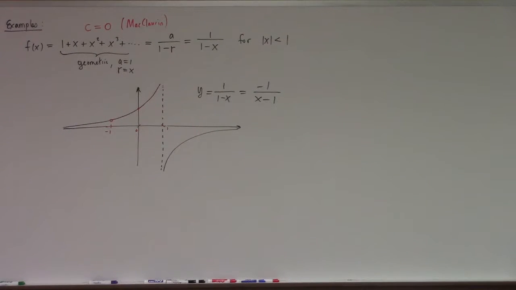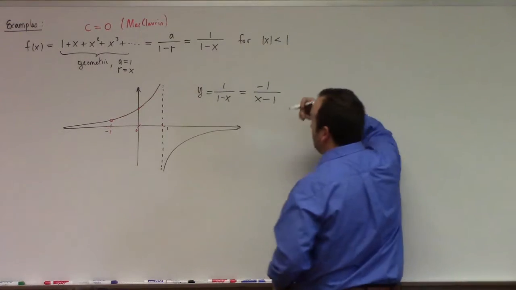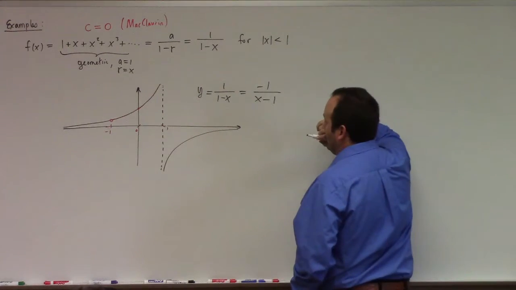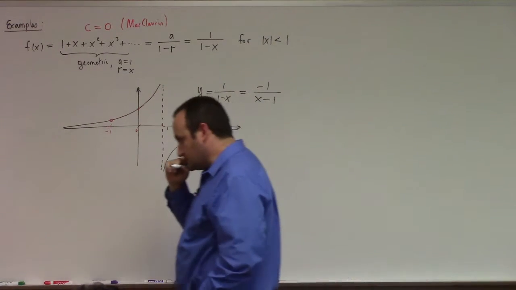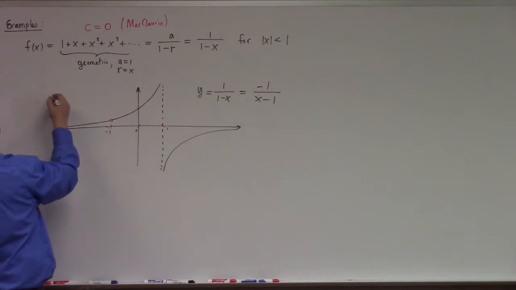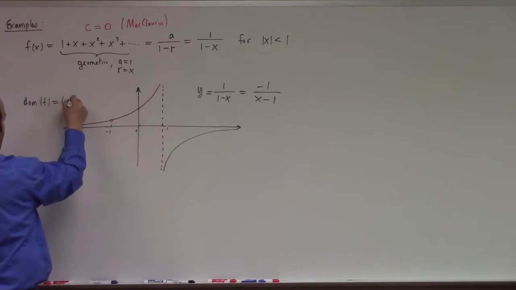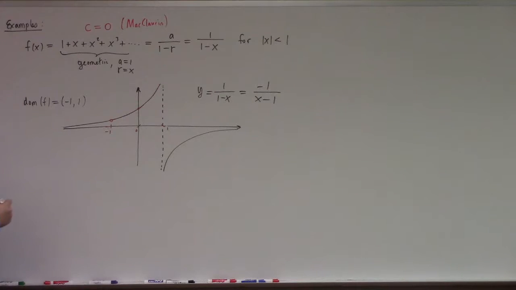Let's see here. So all my examples are kind of like this to start with. Let's see here. This time, what was the domain of f, by the way? It was -1 to 1, right?